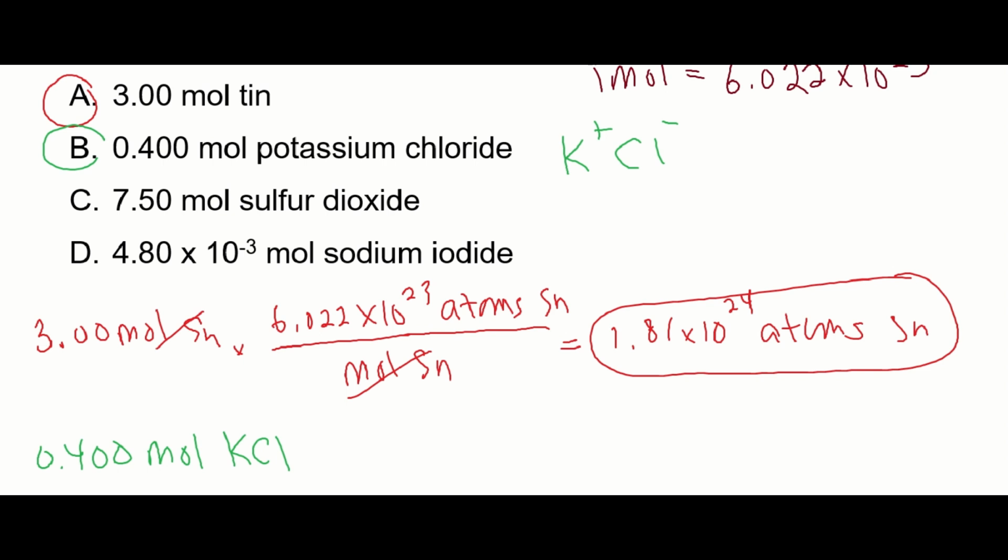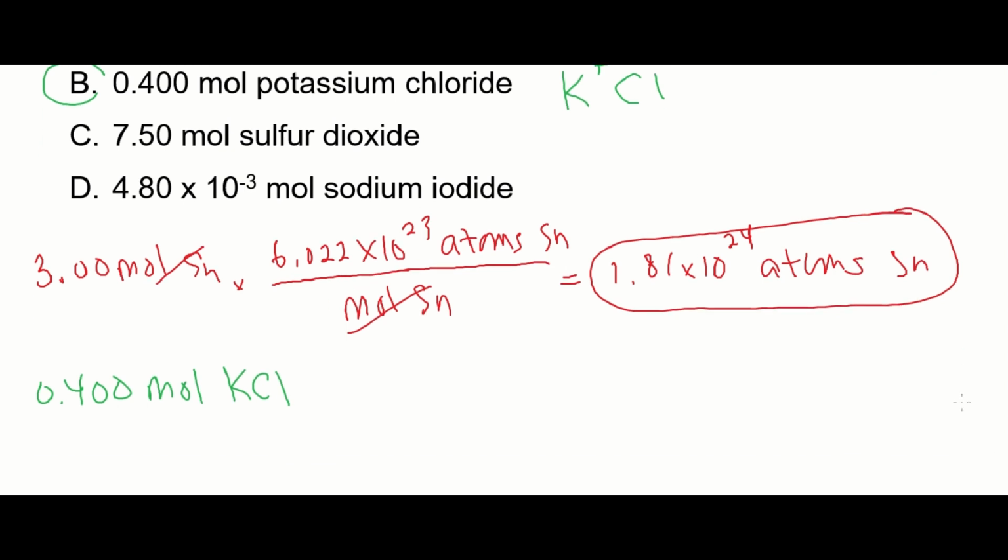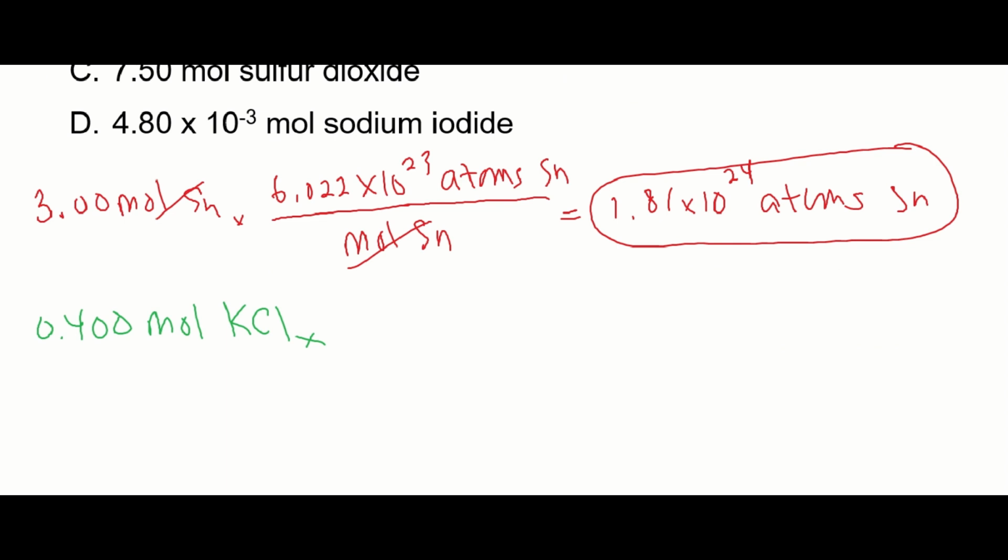All right, we want to get rid of moles, so we need a conversion factor with moles on the bottom. And the representative unit, in this case, is the formula unit.